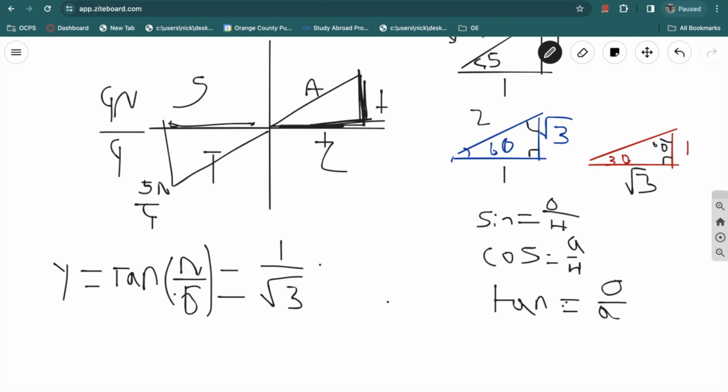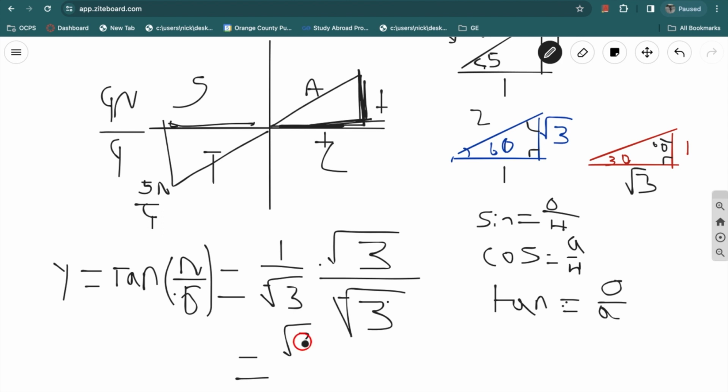So we multiply by the value of the denominator over the value of the denominator, and the reason we can do that is because it's the same as multiplying by 1. So square root of 3 over square root of 3, now this is the same as 1. So we can actually multiply by that to take out the square root, and it's going to be square root of 3 over 3, and that's going to be our answer. So that's how you work those examples.